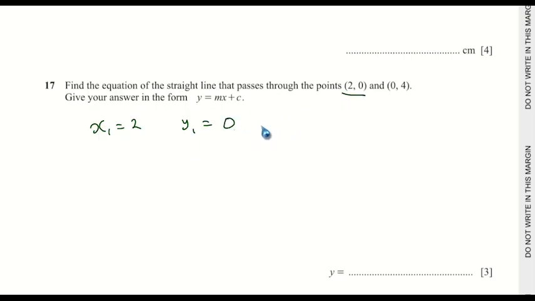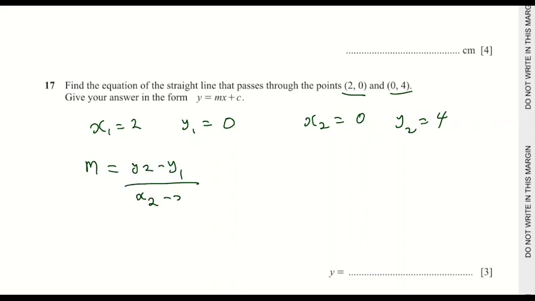Then we can say x2 equals 0 from here, and y2 equals 4. So let's find the slope or the gradient, which is denoted by m. So m equals y2 minus y1 over x2 minus x1. You could as well say y1 minus y2 over x1 minus x2. You still get the same answer.